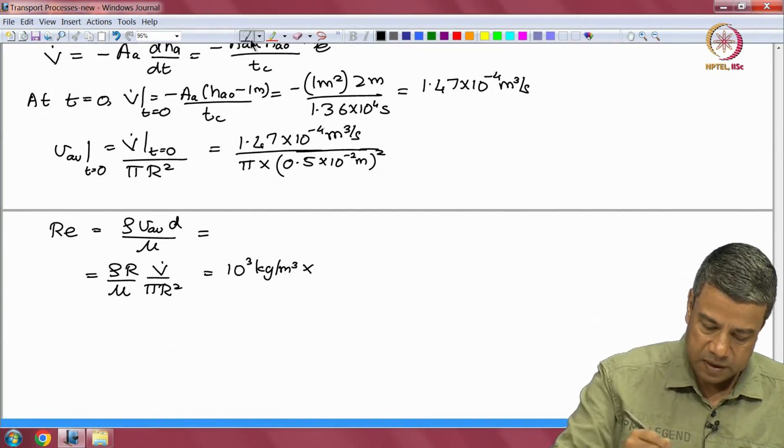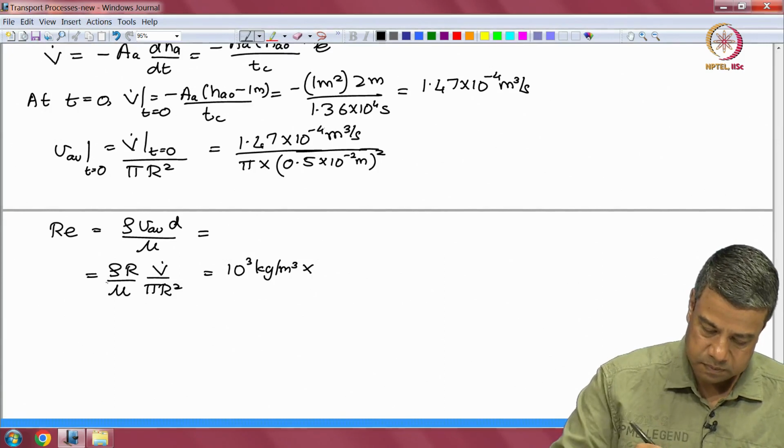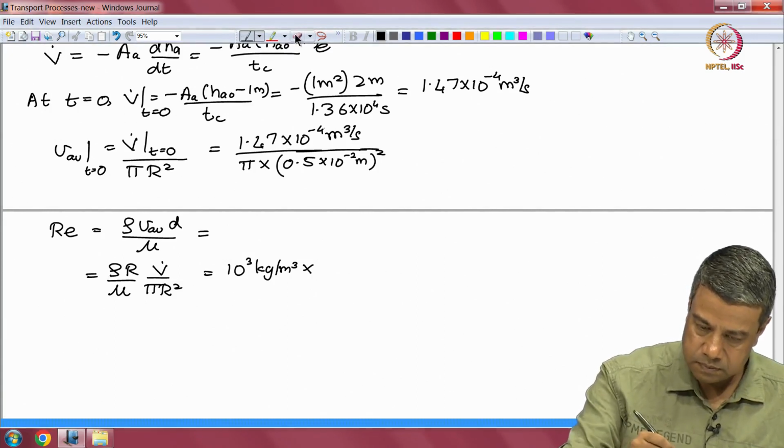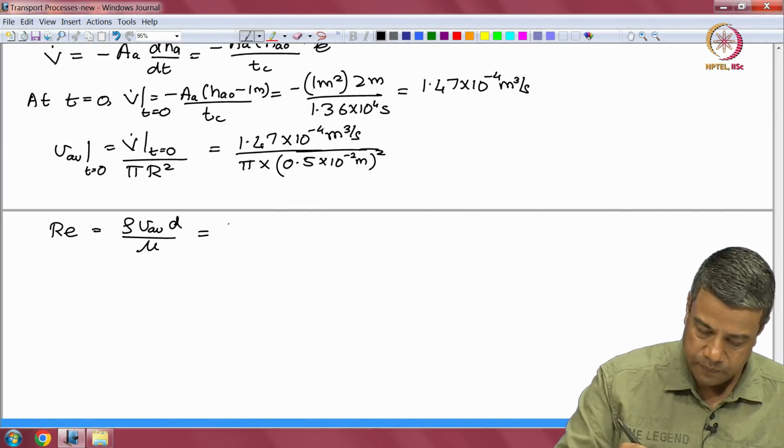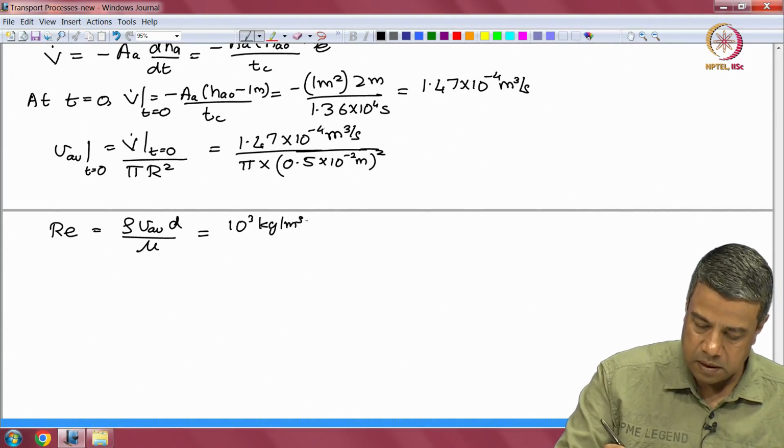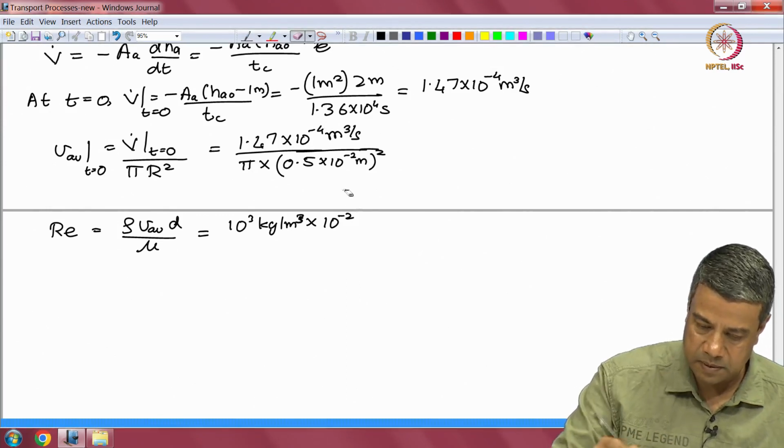So, this is going to be equal to 10 power 3 kg per meter cubed into the pipe diameter, which is 10 power minus 2 meters. 1 centimeter was the pipe diameter.